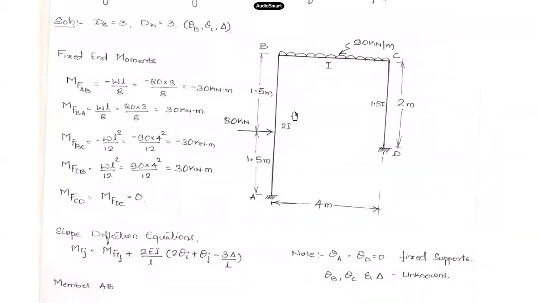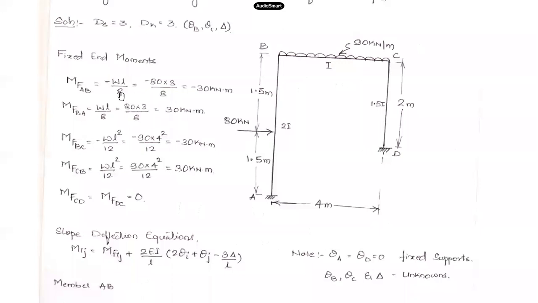What are the fixed end moments? If I take member AB, 80 kilonewton is a concentrated load applied at the middle of the span, 1.5, 1.5. So it is exactly at the center of this span, 3 meters. So minus WL by 8. On this end, A, the moment will be in anti-clockwise direction, so I have taken minus, and the magnitude will be WL by 8 for a concentrated load applied at the center.